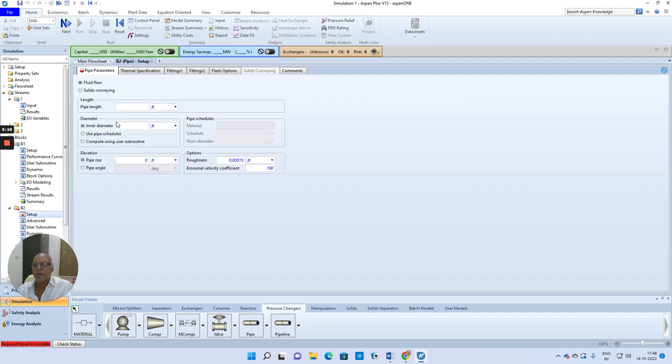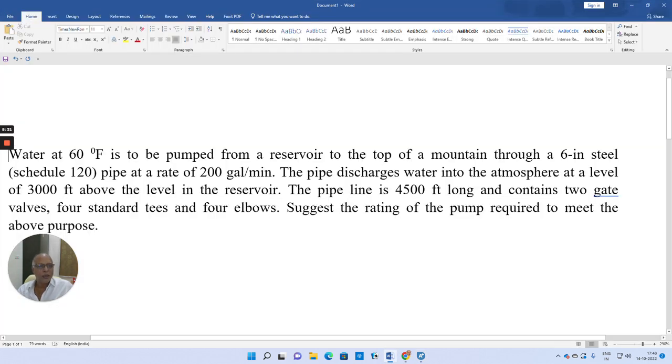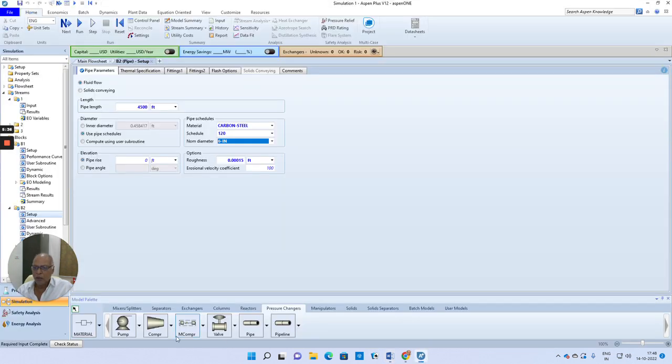Next, the pipe length is 4,500 feet. So we are going to use pipe schedules. We are given that the material is carbon steel, schedule 120, and the nominal diameter is 6 inch. All this data is given in your problem statement. So now you can see the required input is complete, and you should be able to run the program.